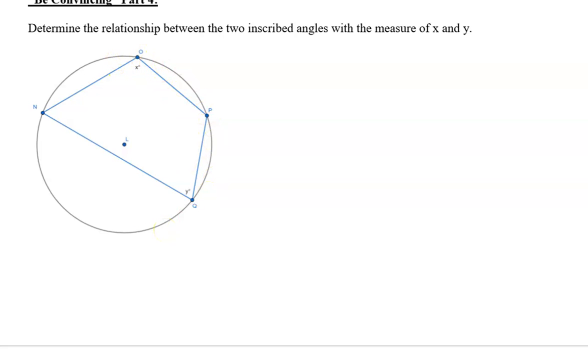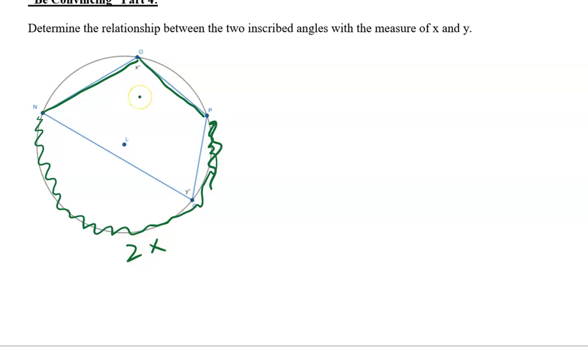So if we look at angle x, it's related to the measure of its inscribed arc, which would be twice that measure. And if we look at its opposite angle, y, it's related to its opposite arc, which would now be 2y.